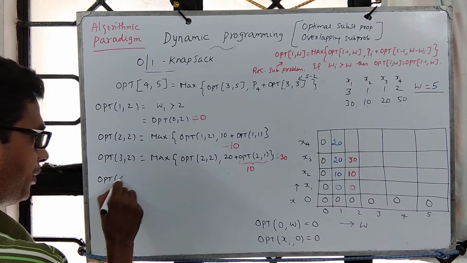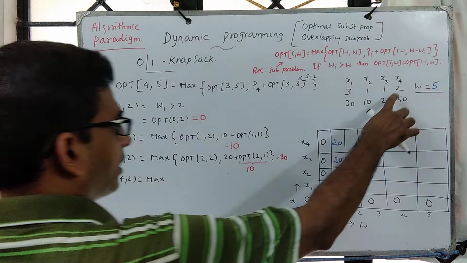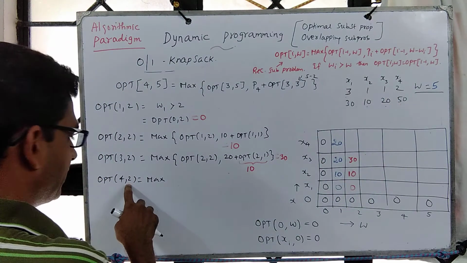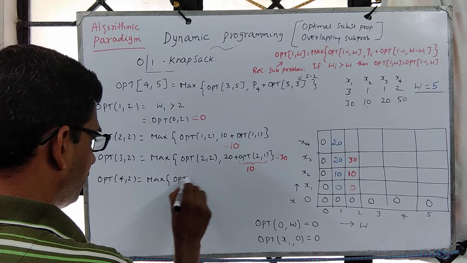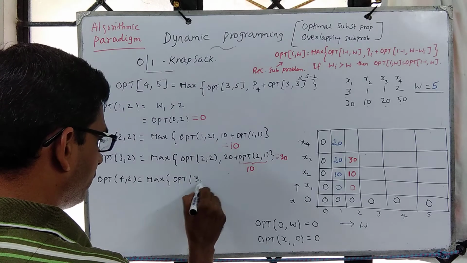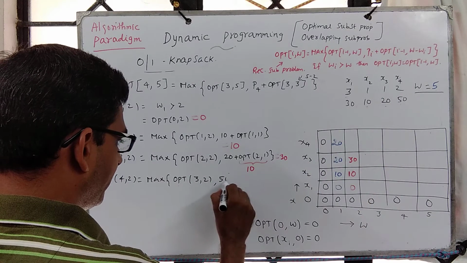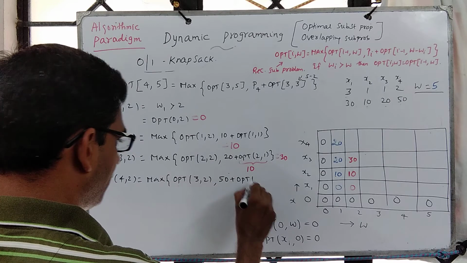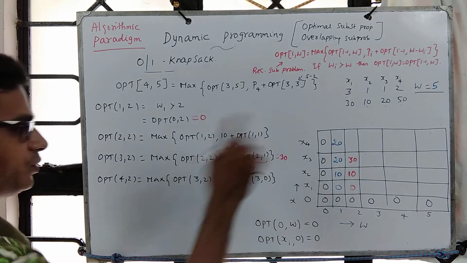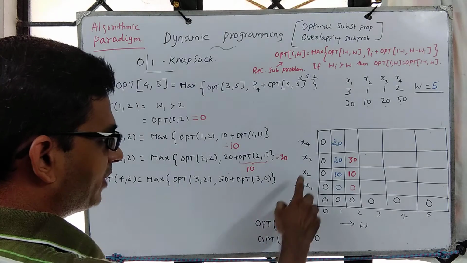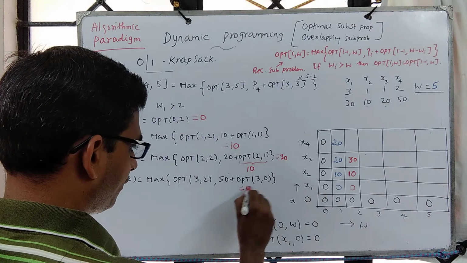Next we look at opt of 4 comma 2, which says this one is 2, local capacity is also 2, so one can consider. So max of opt of, do not consider fourth object, so look at this, or consider the fourth object, include them, and if you include them it becomes 3 comma 0. 2 minus 2 is 0 and 3 comma 0 is 0, which means we get a profit of 50.